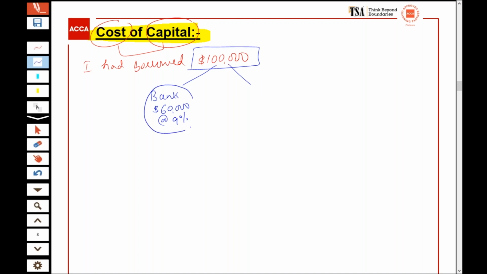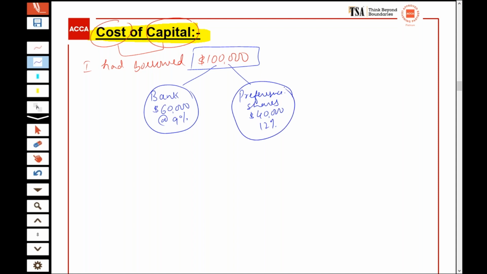And 40,000, for example, I had raised from preference shares, and the rate was 12%, for example.